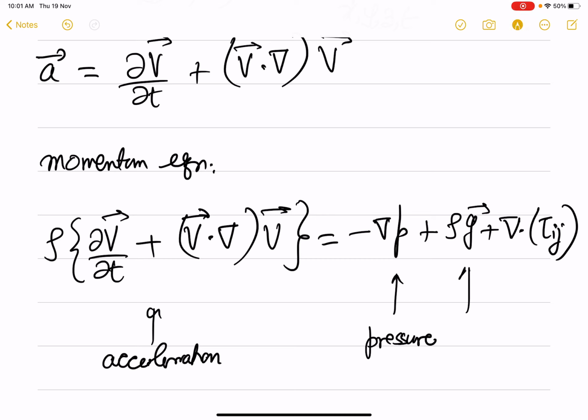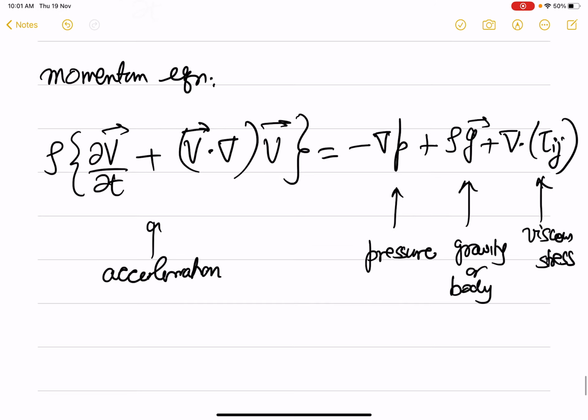Well, there is force due to pressure, force due to gravity or the body force if there are other body forces, and we have the forces due to viscous stresses. So sum of all these forces will be equal to the acceleration, mass times the acceleration. So this is what essentially the momentum equation becomes.